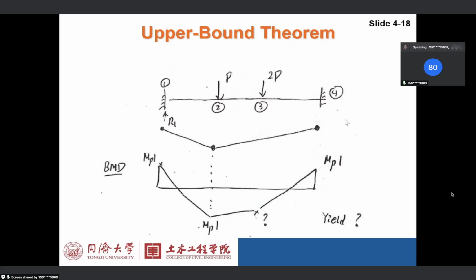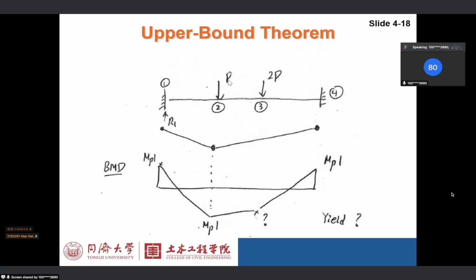So first of all, this is the beam, and based on the two-bar mechanism, how many plastic hinges should there be? Can you type it down? How many plastic hinges do you expect in this beam? Forget about the rest, just based on this.